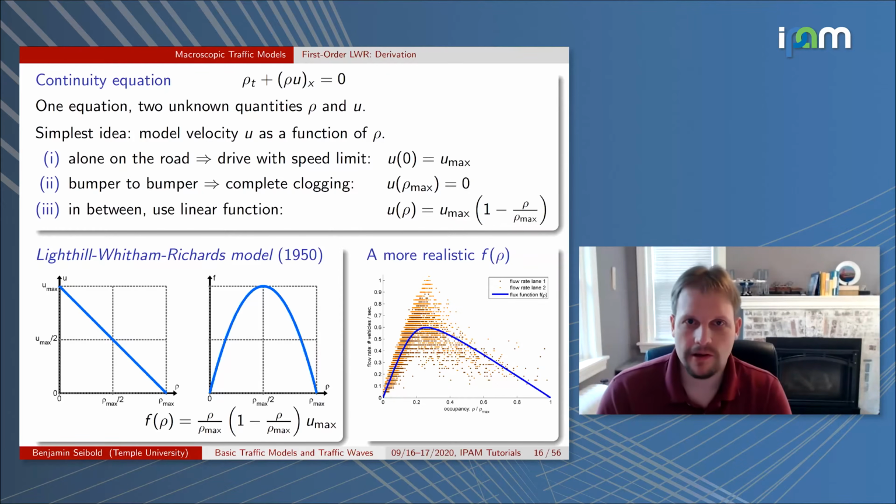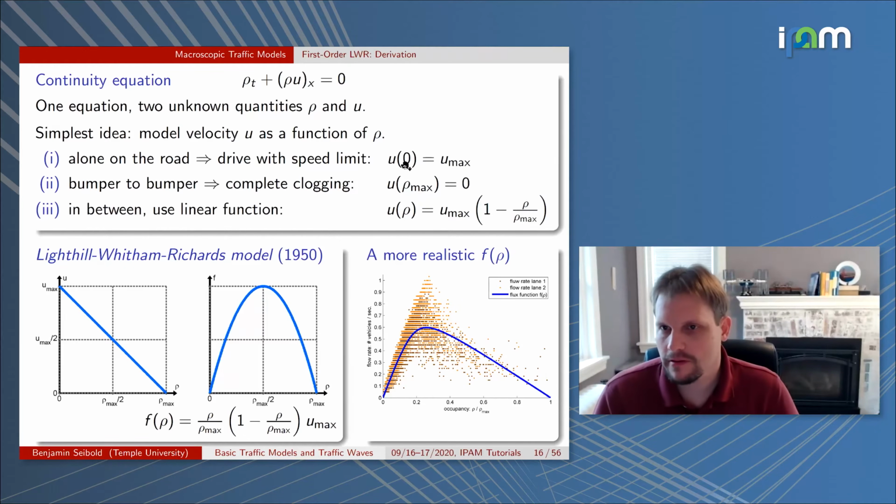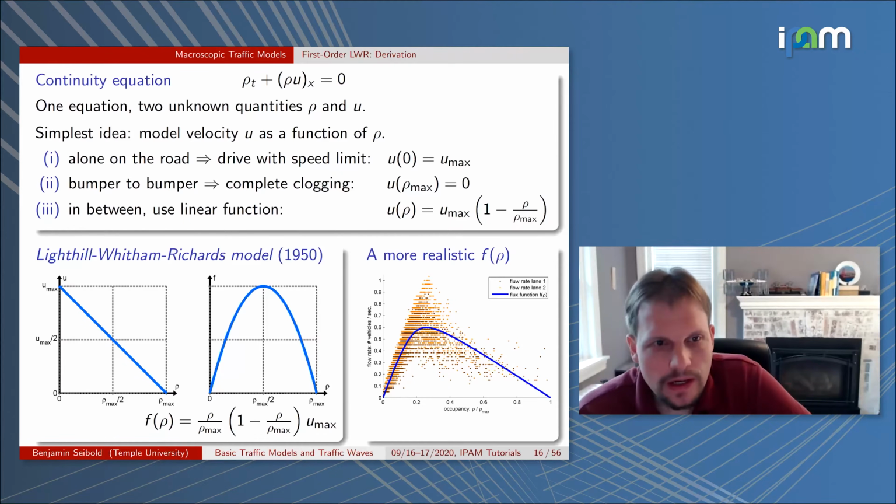Again, one starts out with a continuity equation, has the rho and the u, and then closes the model by prescribing a relationship u of rho. What's the simplest principle? If I'm alone on the road, if density is close to 0, then I drive with u max, usually the speed limit plus a little bit.